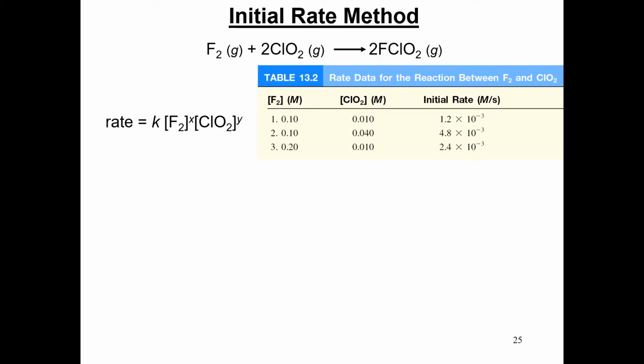Now this is what the rate law will look like. And our goal then is to find the values of x and y. So let's go to our document camera and start out with a simple approach, purely mathematical, and then we'll come back here to the PowerPoint.